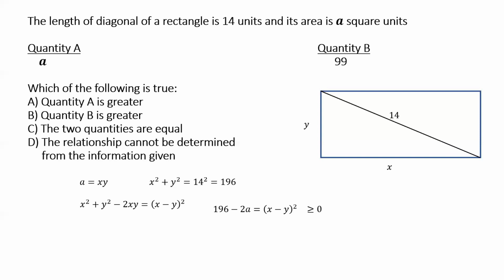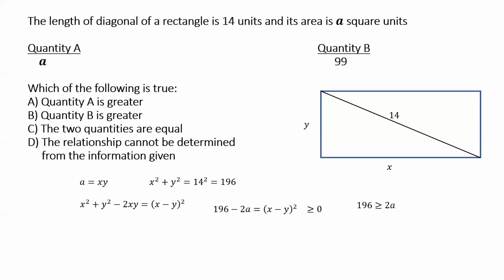The square of a real quantity is non-negative. The lowest value this can take is 0, and that's the case when x is equal to y. So this is an inequality which helps put a bound on what value A can take.